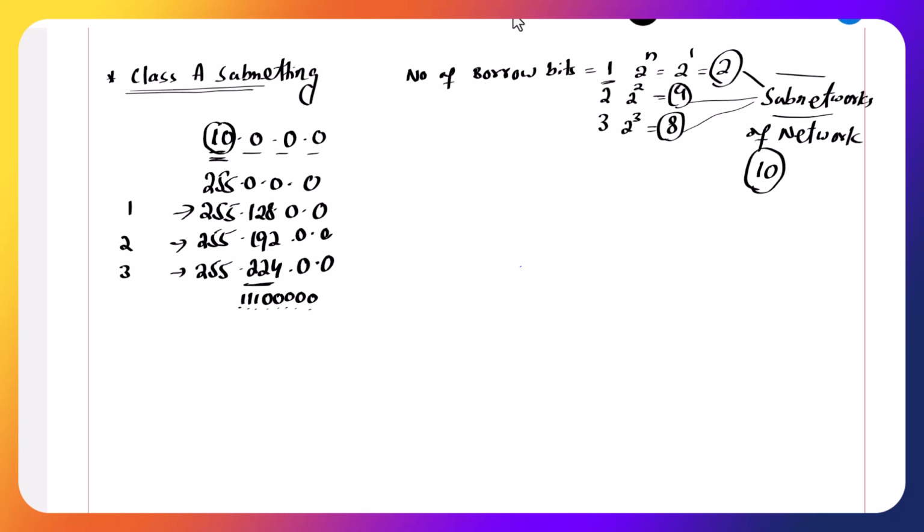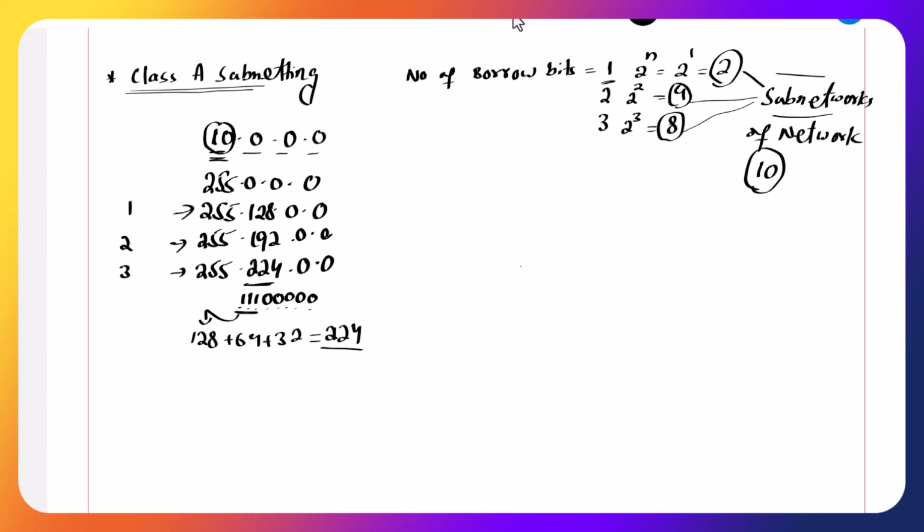So these 3 bits are on. What is the first most significant bit value? 128. The second one is 64. The third one is 32. So it's equal to 224. The value of these 3 on bits in decimal is equal to 224.